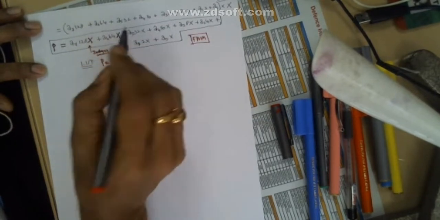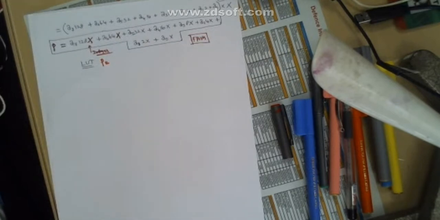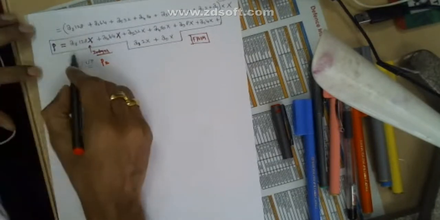That means our intention was multiplying A by X. We replaced A by its equivalent binary representation: summation k equal to 0 to n minus 1 of a_k 2 power k. That is nothing but the mathematical representation of the binary number, so k will vary from 0 at the LSB to the MSB. Then we substituted that representation in that equation, and finally we got this one.